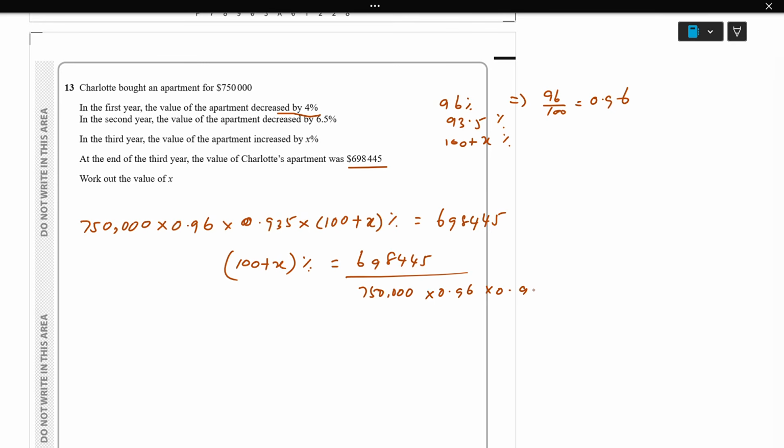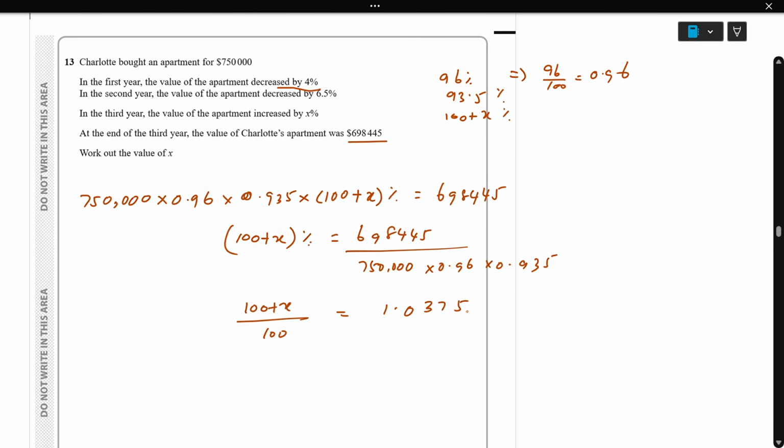698,445 over this number, 750 times 0.96 times 0.935. So on the left side I can write 100 plus x over 100, because it is a percentage, and on the right side the answer is 1.0375.